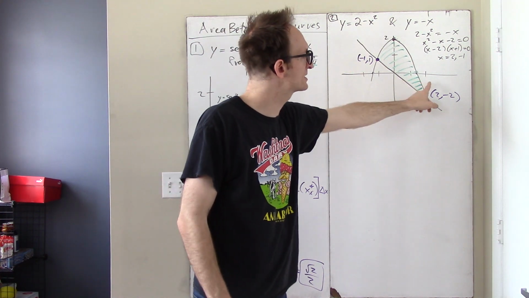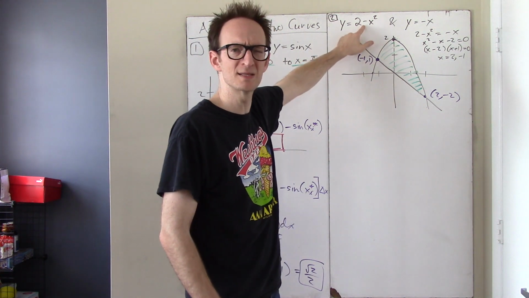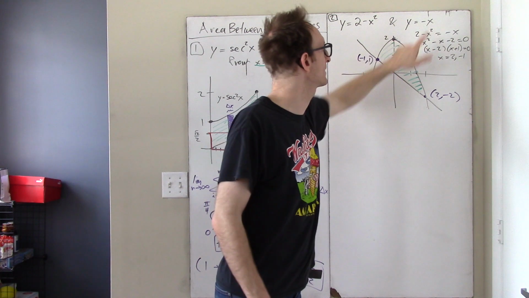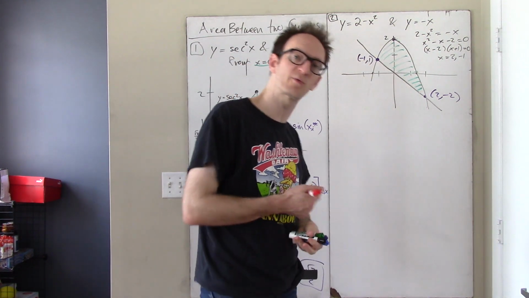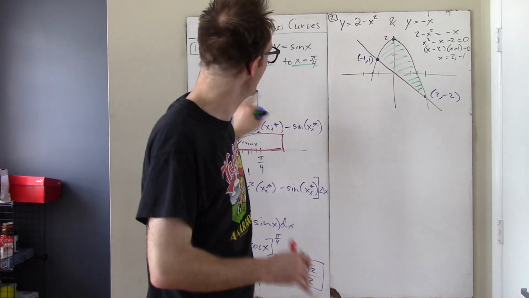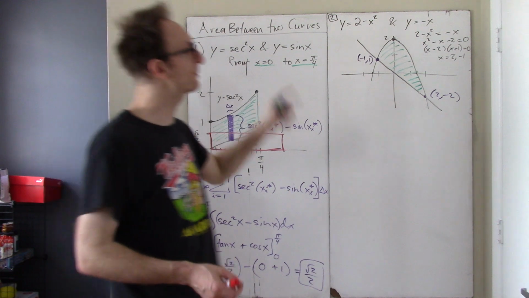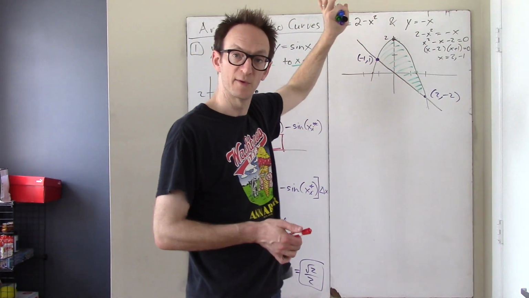Once this function starts becoming negative, I don't know what the area under that curve means. It's not giving me the right answer anymore. And the area under the y equals negative x curve is also not right. So for these reasons, it's best to abandon that approach of thinking of this as two separate problems, and really just think of this region as one coherent region.